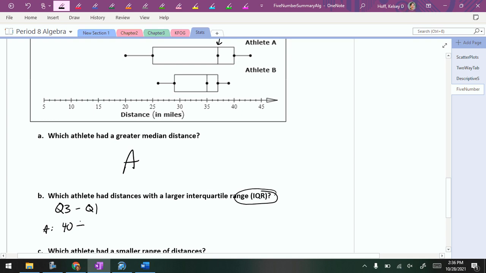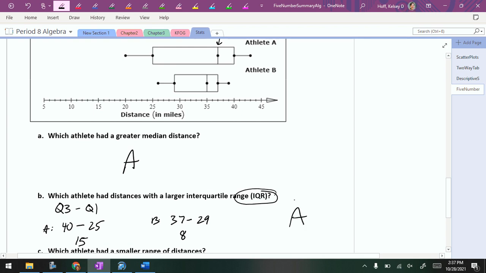Is that what you said? Which is 15. Athlete B, 37 minus 29, which is 8.